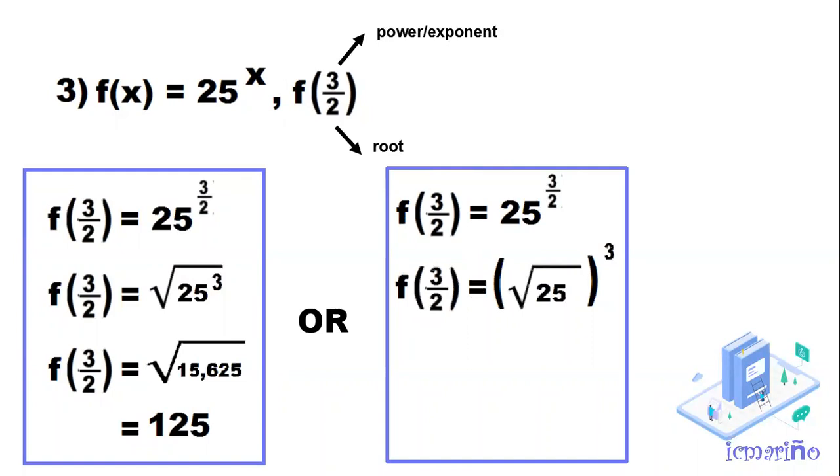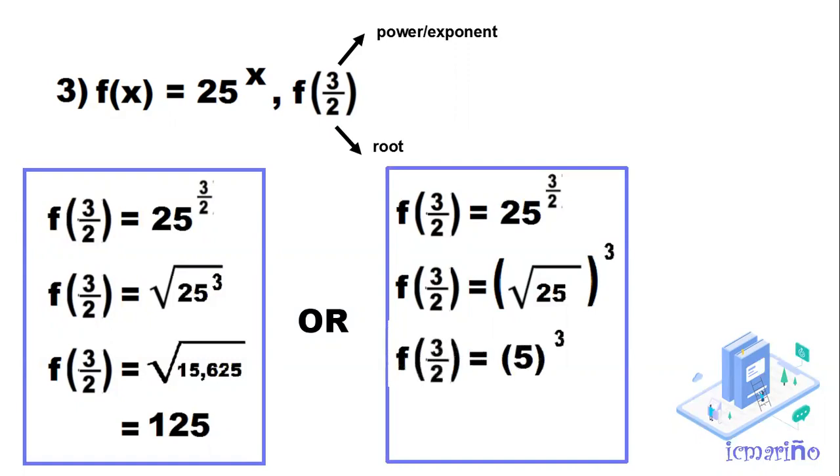In this solution, unlike the first one, we get the square root of 25 first, since it is easier to manage a smaller number, and then after getting the square root, we raise it to the power of 3.